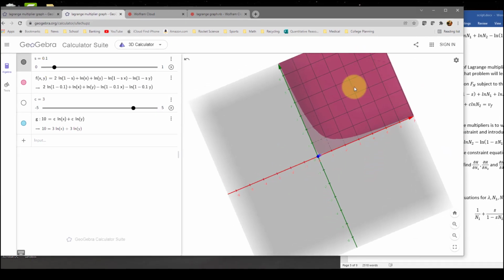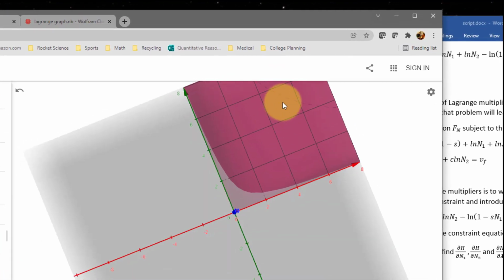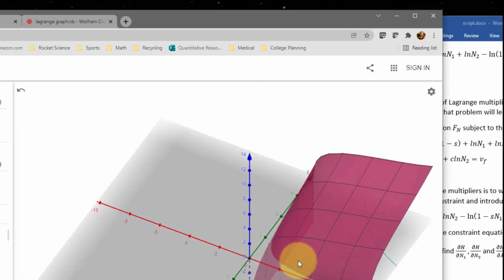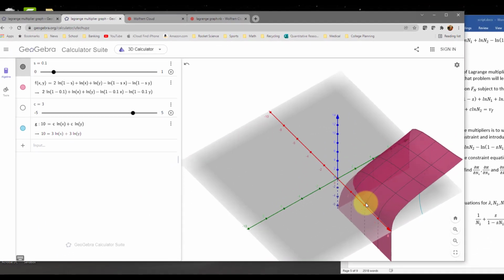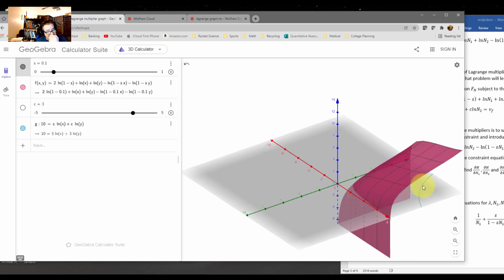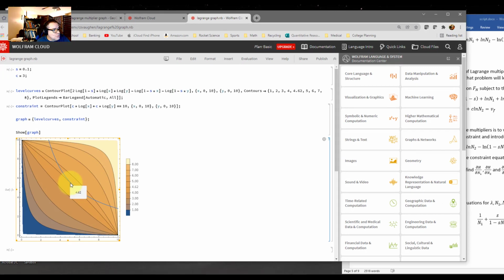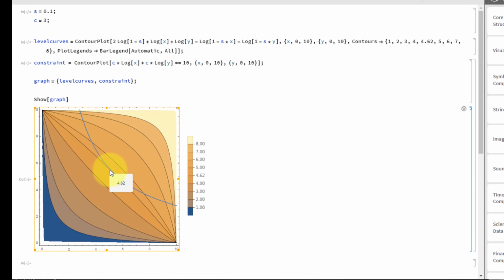Maybe it's around 5 something. It's kind of hard to visualize here, but this is 4 and 6, so perhaps around a value of 5 for both the x and the y, or n1 and n2, where you have a minimum value and you're on that constraint curve.